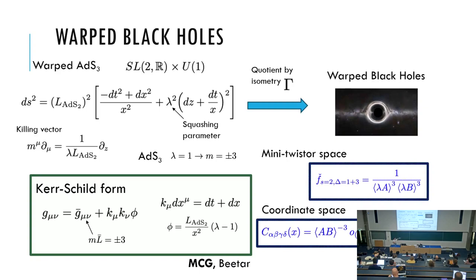And the twistor space correspondence of this solution will look like a representative that looks like this in terms of spinor helicity variables. Not very important what they are, but they're related to the squashing parameter and the AdS2 length of this one over here. And the coordinate space version also has a simple interpretation.